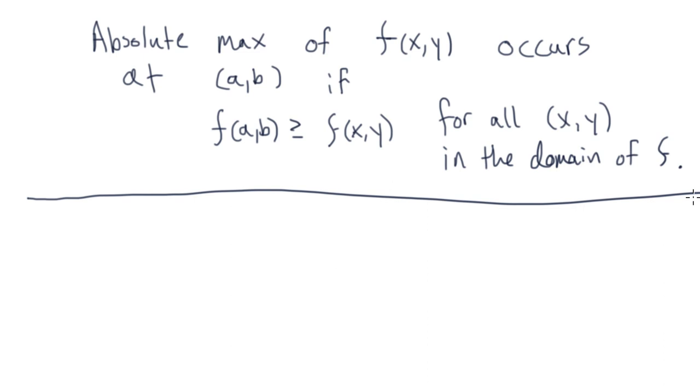And we also knew how to find those: find the critical points. The absolute max and absolute min of a function would either occur at a critical point or at a boundary point. So that's the same thing here.